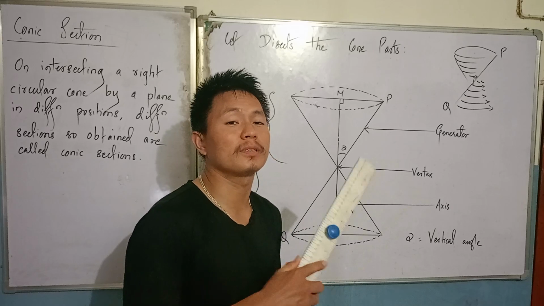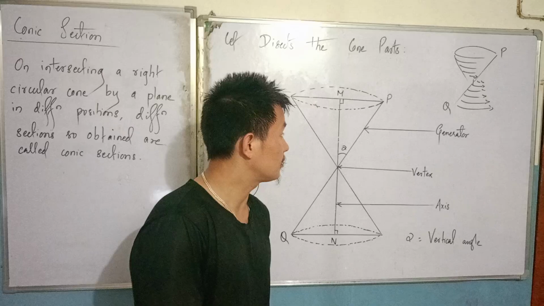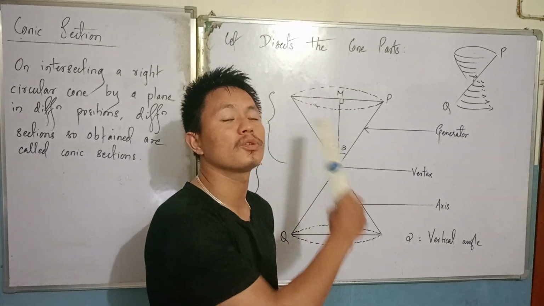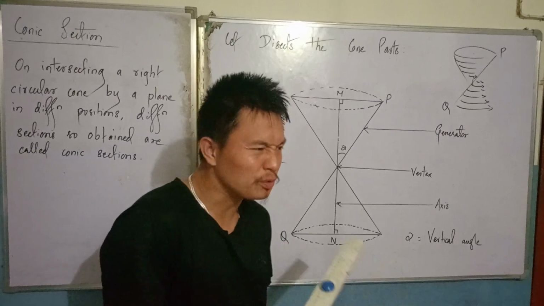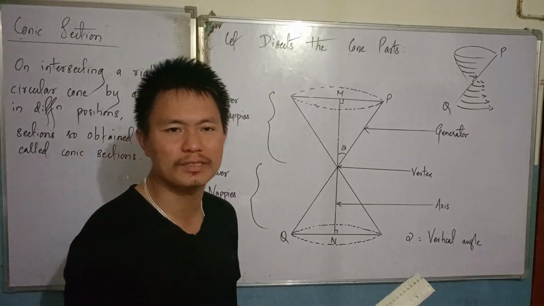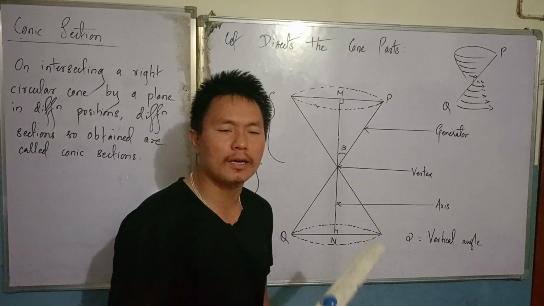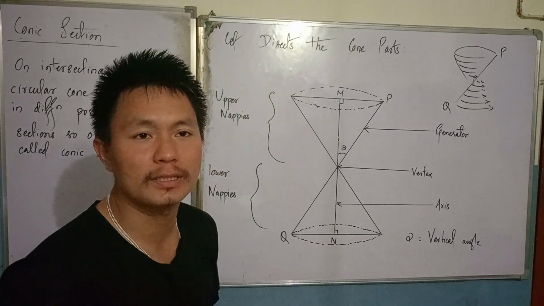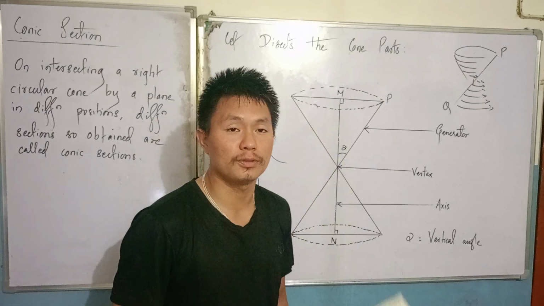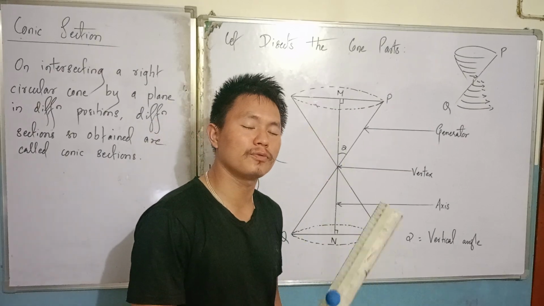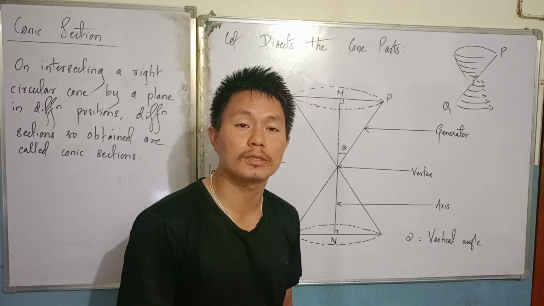If some cutting plane cuts this cone, we call this the right circular cone, in two different angles, two different directions, certain sections are formed, certain figures are formed in that conic area. And those figures are often called the conic sections.